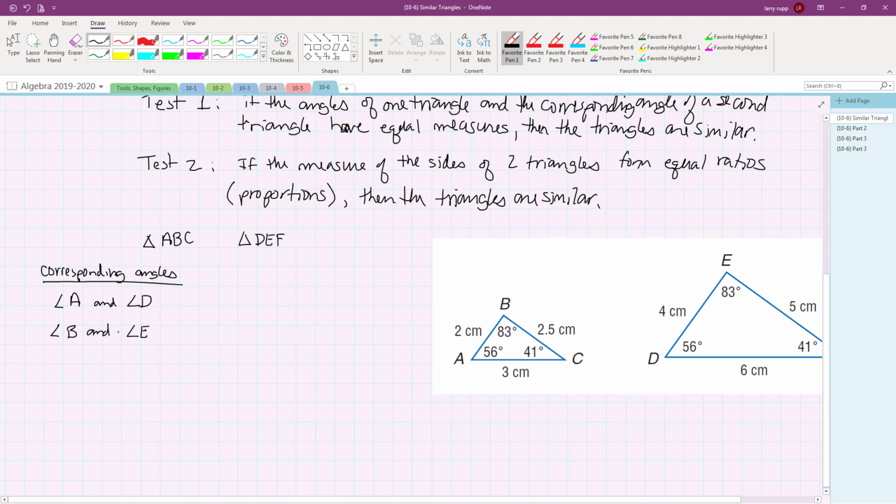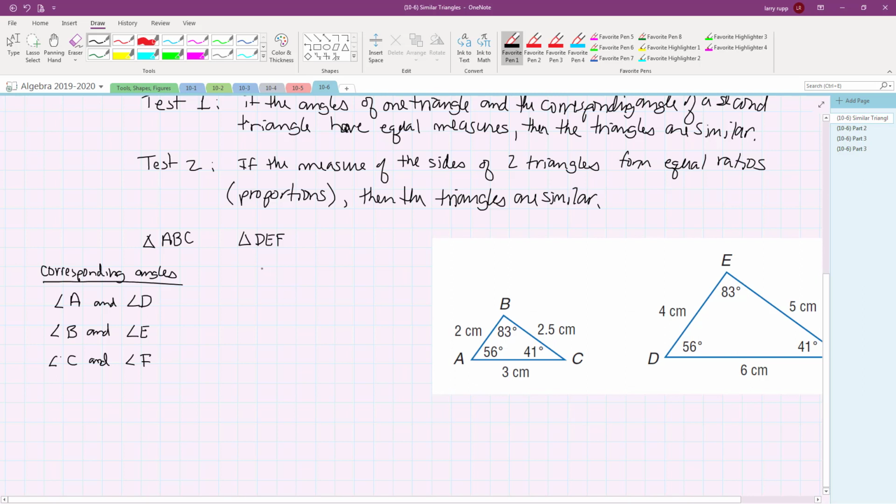Because angle A and angle D have the same measure, 56 degrees. Why are angle B and angle E? Because angle B's measure is 83 and angle E's measure is 83. Therefore, they are corresponding angles. And then we have angle C and angle F. Both of those are 41 degrees.